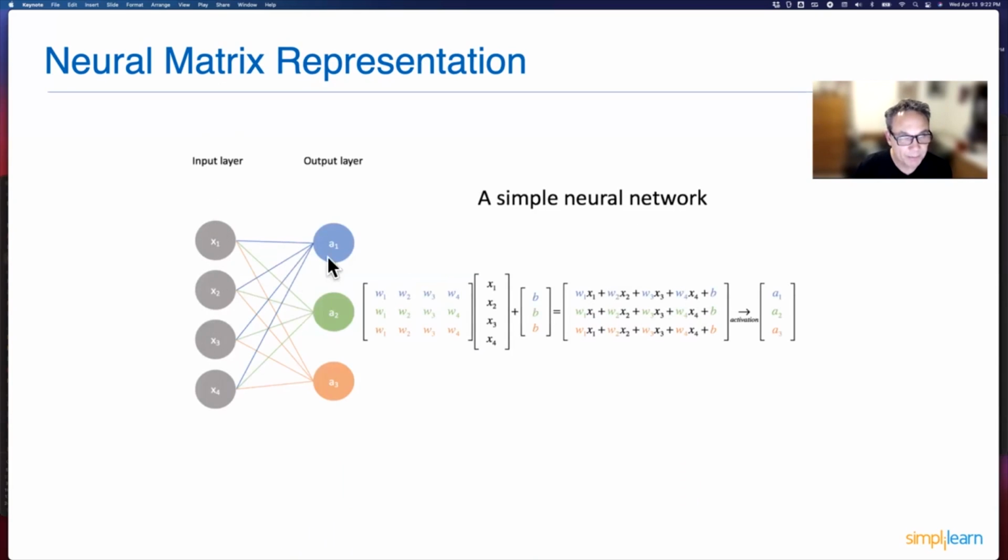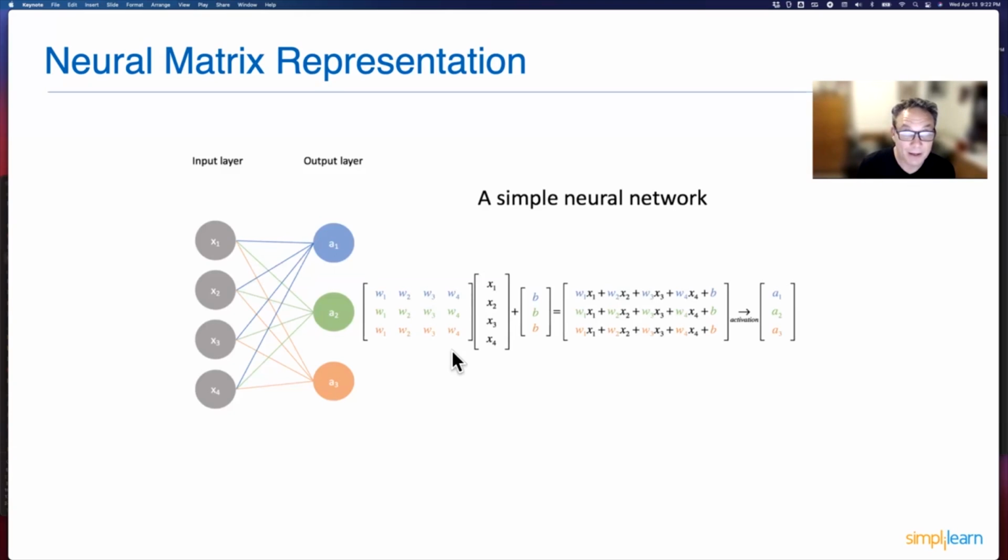But that's your input to these. And we've got three neurons instead of one. So instead of one neuron with four inputs and four weights, we now have 4 times 3, or 12 weights.